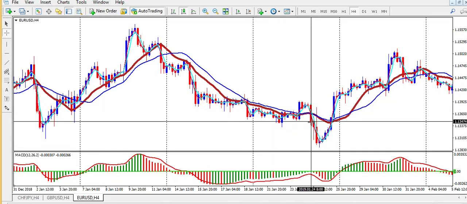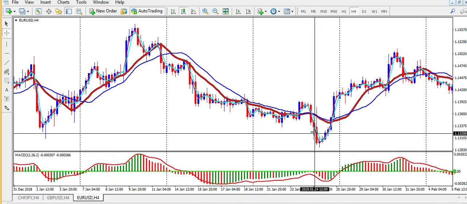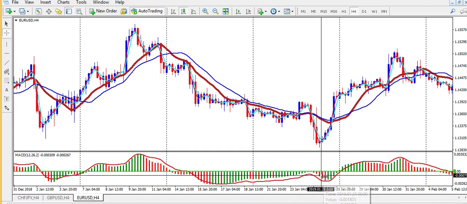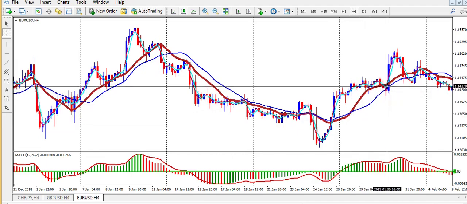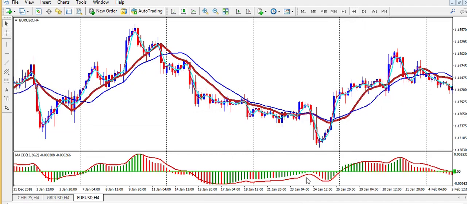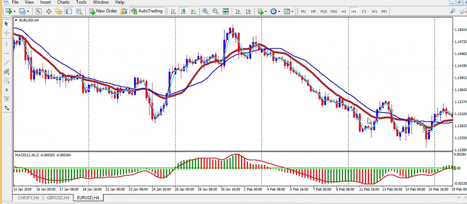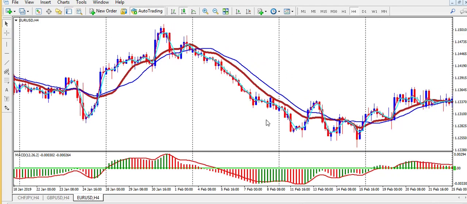The same thing with this one, we don't bother with this one because of this gap. Then we come to this place. You can clearly see why we ignore the signals that are generated when there is a gap.